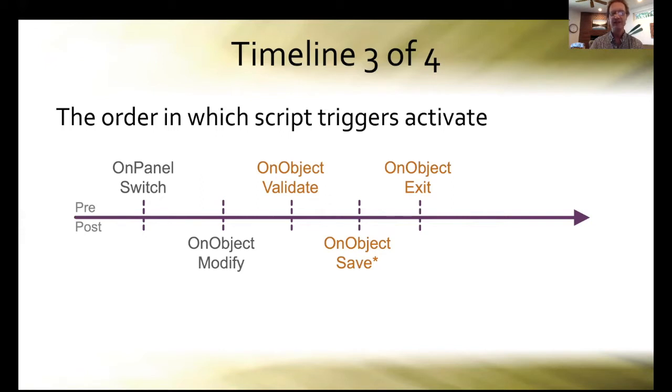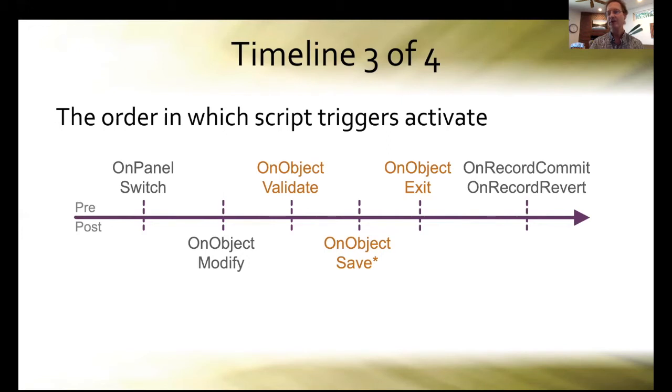First, data is validated, then saved, then the object is exited. Again, we'll talk in more detail about these later on, but do memorize the order of those. VSE, validate, save, exit. Make up some memory trick like, Virgil studied Euclid, something that will help you remember VSE, validate, save, exit.